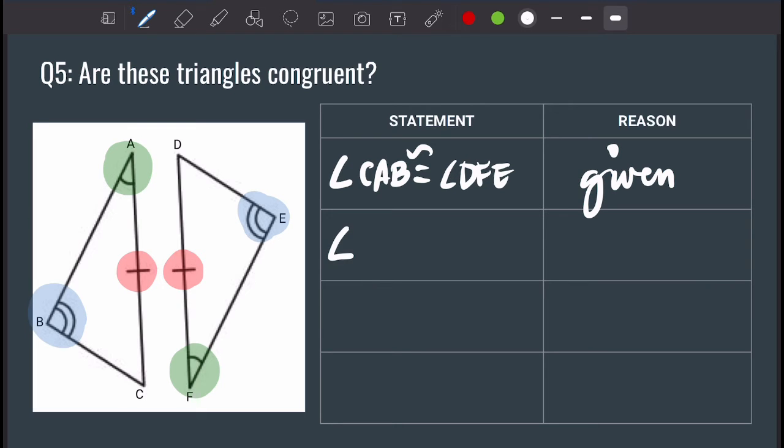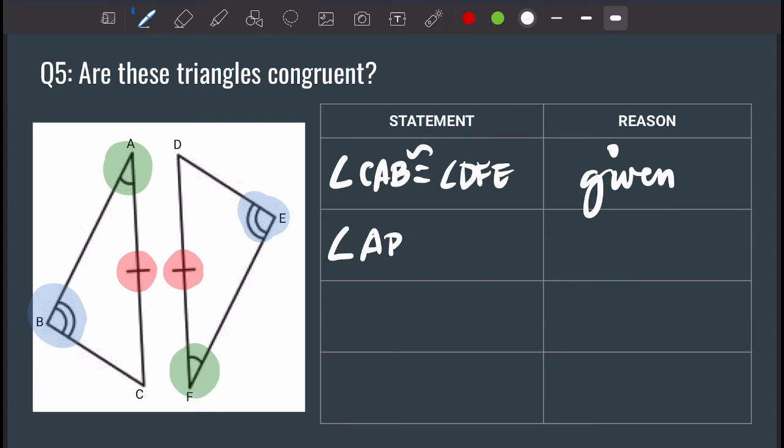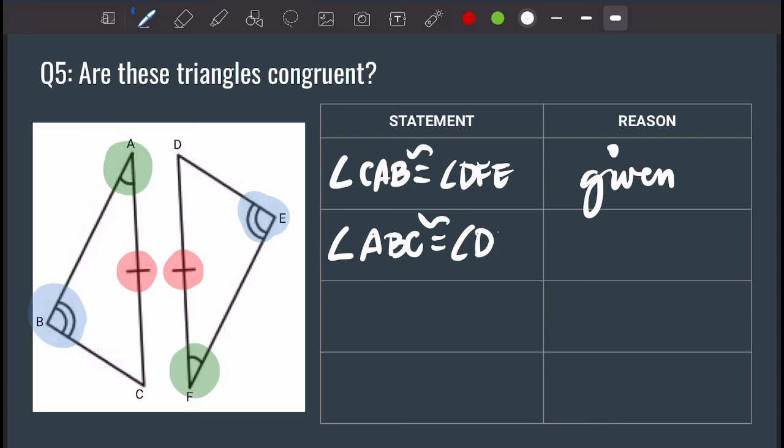Next, angle ABC. That's where the angle is made. Angle ABC is congruent to angle DEF. The middle letter is where the angle is made, and the reason is it's given.